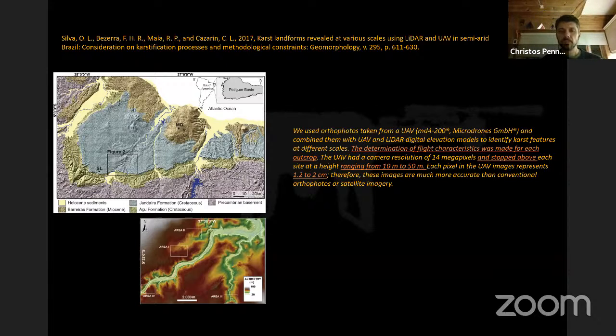So at each site, they were flying the drone, stopping the drone, taking the picture from a height ranging from 10 to 50 meters. And they say that in their model, each pixel of the UAV images represents 1.2 to 2 centimeters of real terrain.